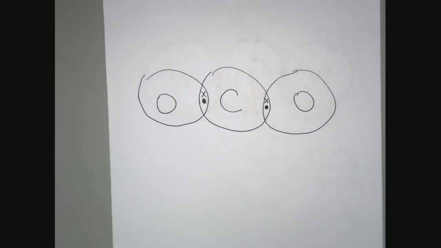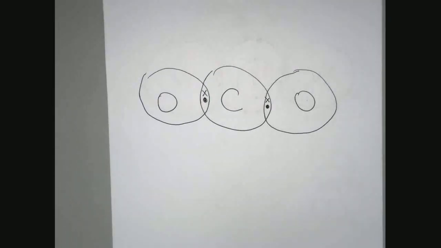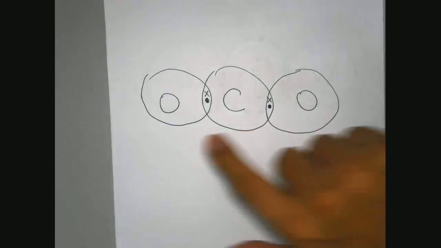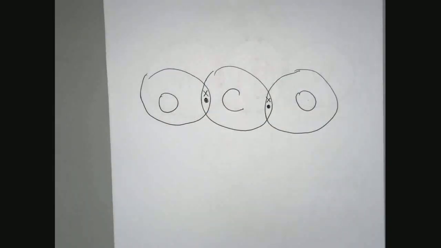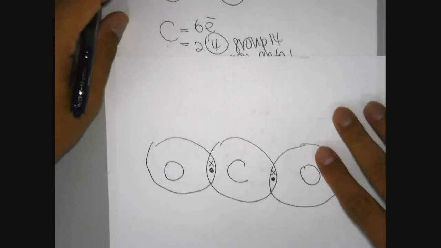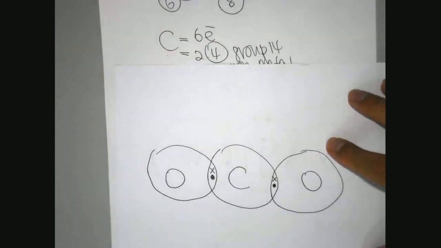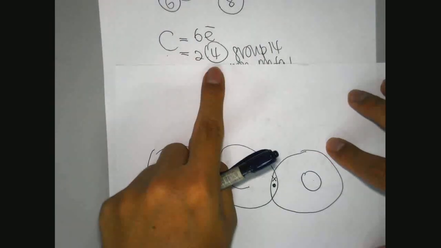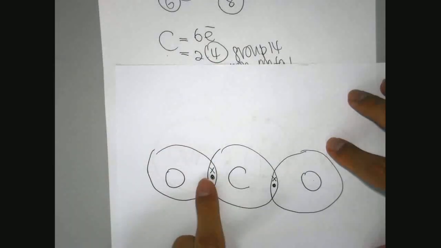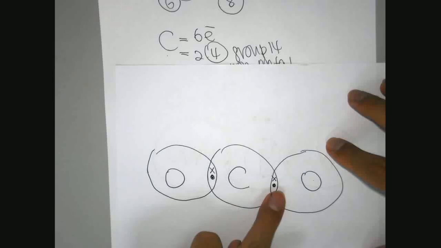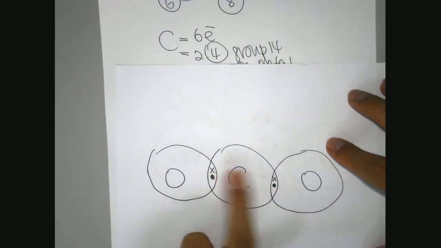So after we share 1 electron, which we don't know whether is correct or not, we should fill in all the remaining electrons. How to know the remaining electrons? We just refer back to what we have just now. For example, carbon has 4 valence electrons. I put 1 electron here for sharing, 1 electron here for sharing, so I use up 2 electrons.